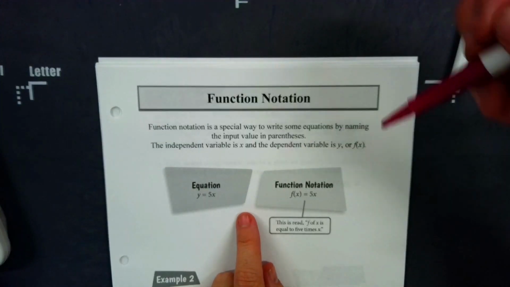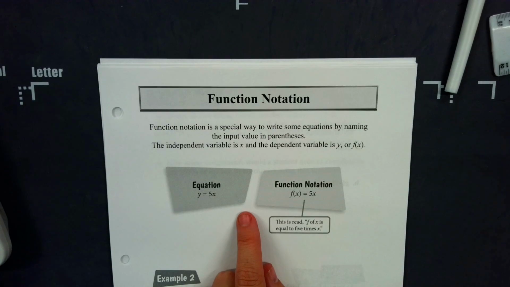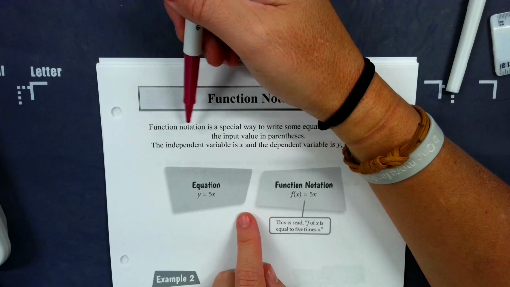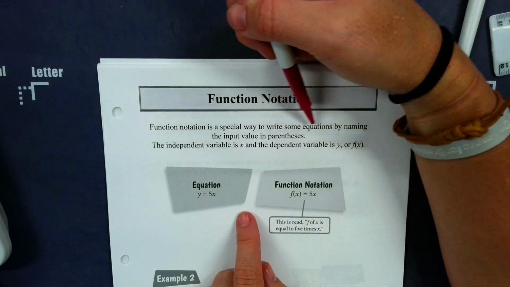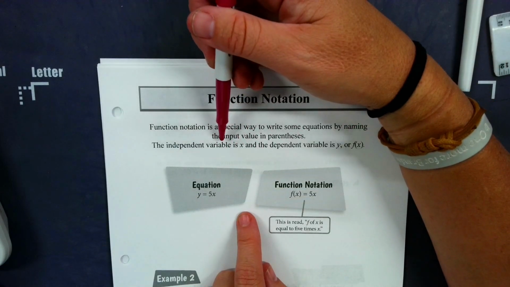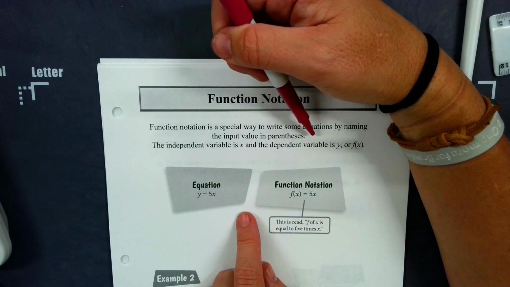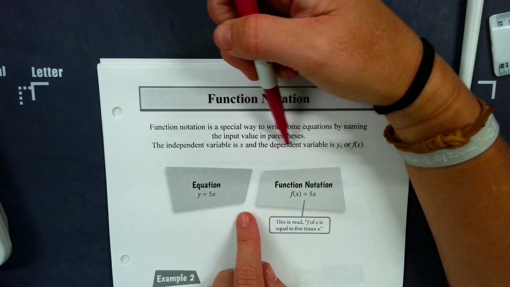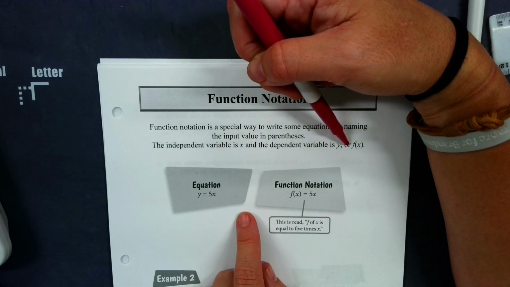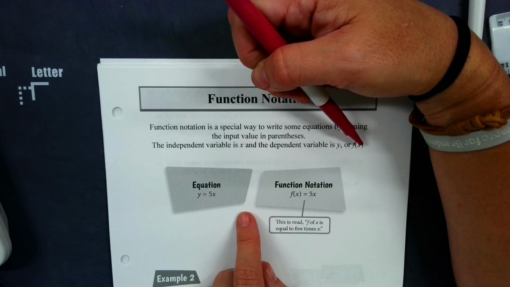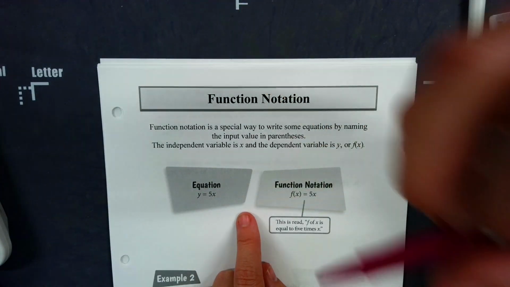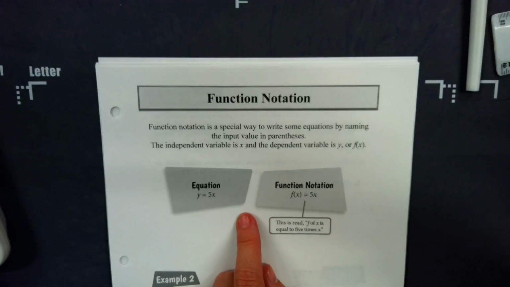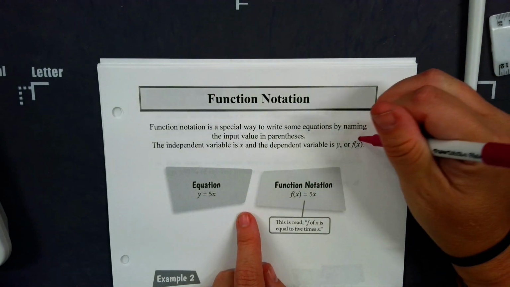Function notation. Where we're going with this is function notation. Function notation is a special way to write some equations by naming the input value in parentheses. The independent variable is x, and the dependent variable is y, or f of x. So it's saying y is the dependent of x. That's what this is.